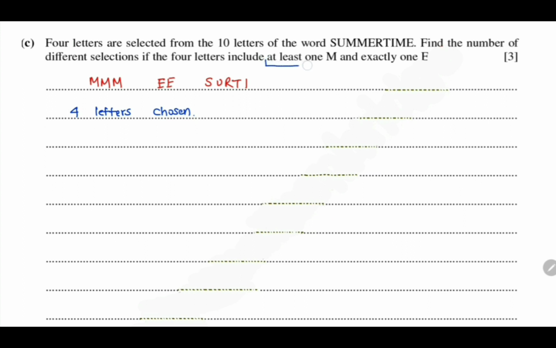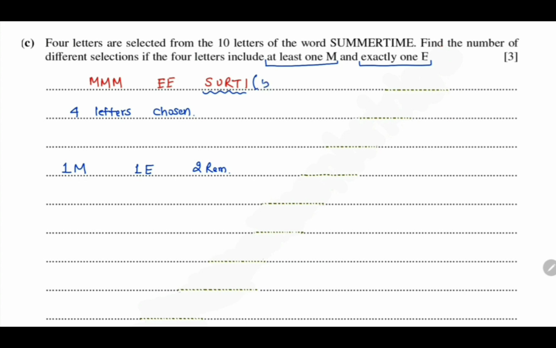It must contain at least one M and exactly one E. So at least one M, exactly one E, so 2 remaining letters are SURTI.